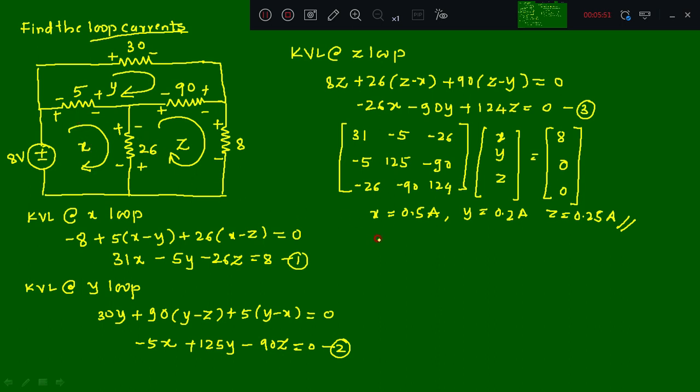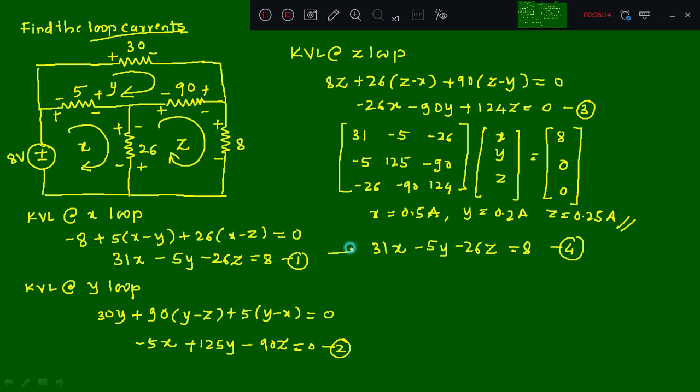Total how much is it? 31X. Here Y is getting subtracted with a 5, right? Minus 5Y. Similarly here 26 is getting subtracted, minus 26Z. Here it is minus 8. If I take the right hand side, this will become plus 8. Call this equation number 4.